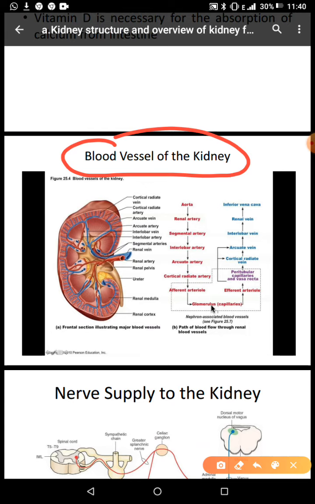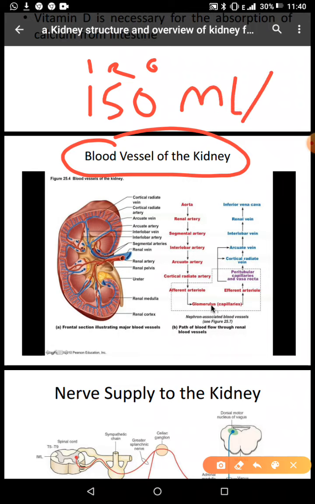So there is about 150, some books say 120 mils of plasma filtered by the kidneys per minute.